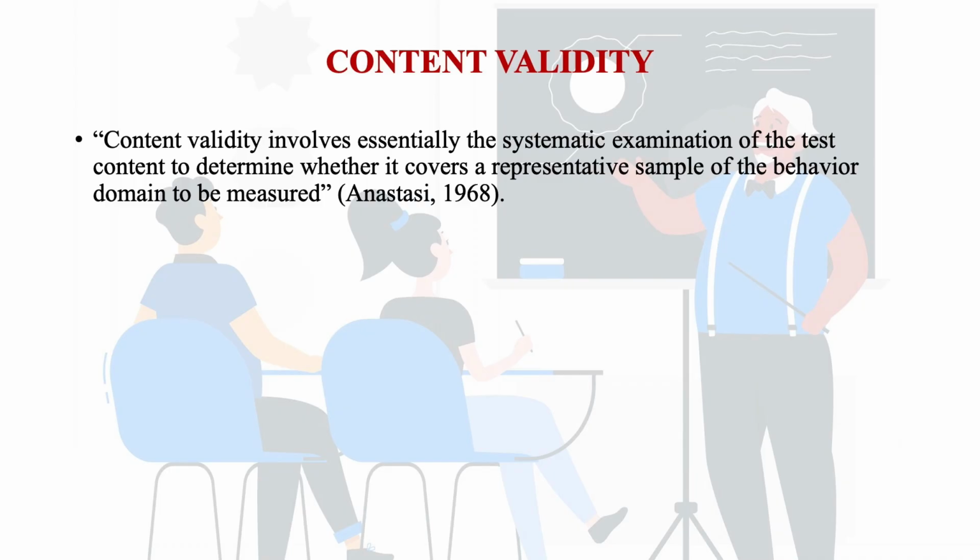And further, now let us try to understand the second method of establishing validity, that is content validity. As per Anastasi 1968, content validity involves essentially the systematic examination of the test content to determine whether it covers a representative sample of the behavior domain to be measured. So here in content validity, you do a systematic examination of the test content.